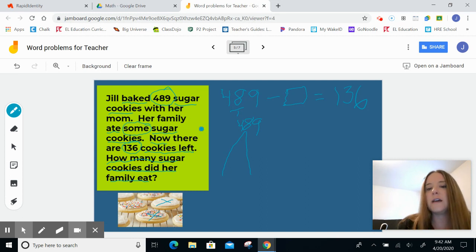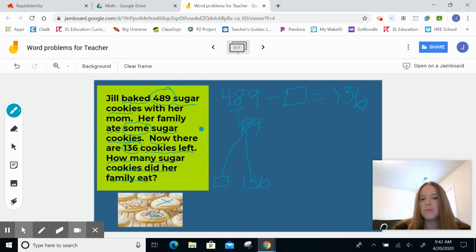Then I know that the unknown number is a partner, which goes at the bottom of the Math Mountain, and 136 is a partner that goes at the bottom of a Math Mountain. So let's analyze our Math Mountain to help us figure out what we can do for the solution equation to help us figure out this unknown number.